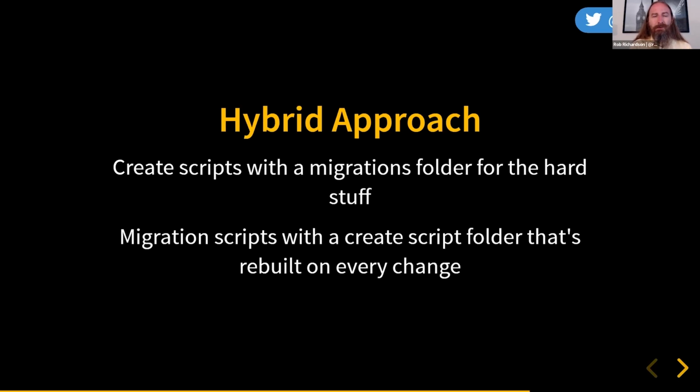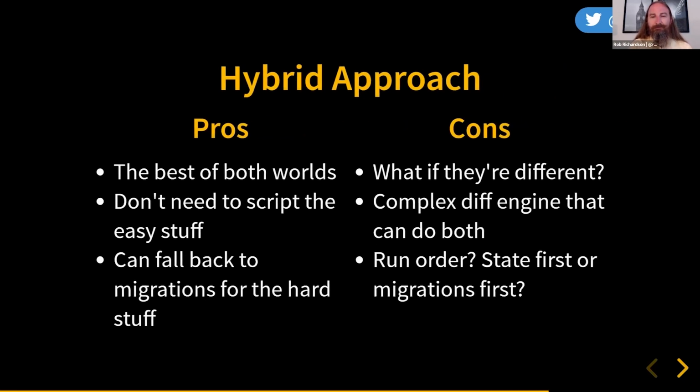So maybe a hybrid approach is great, or maybe it's the worst of both worlds. With a hybrid approach, it is the best of both worlds where we can compensate for the failures of both pieces. But we do need a very complex engine to be able to accomplish these calculations. It's great because we don't need to script the easy stuff, and we can script the more difficult stuff. But it might be difficult to know which order we need to run it in.